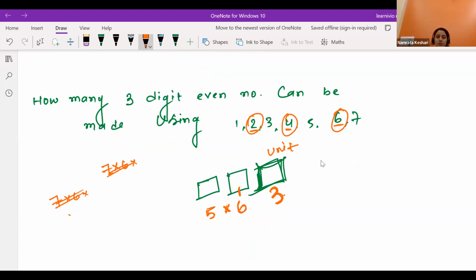That is 3. Now we can start thinking about just filling the other gaps. So 6 is there and then 5 is there. Why?